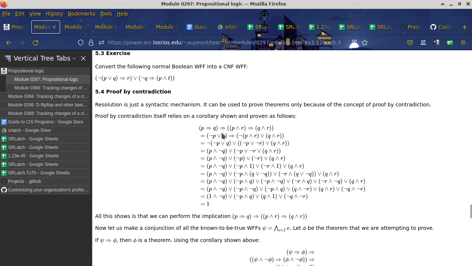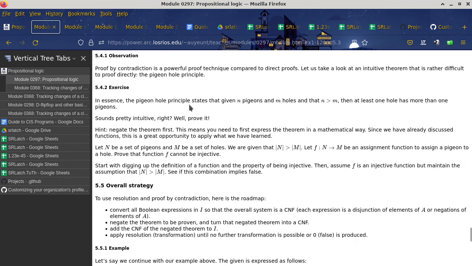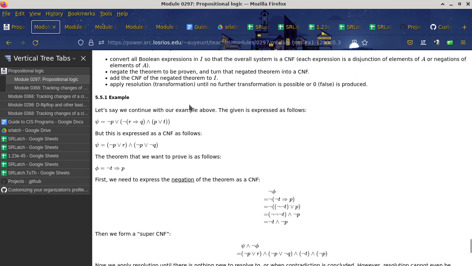Nope, this is proved by contradiction. So I'm going to work with this one, and we'll see how to convert it into CNF. Let me see what is the example that I use later, because I want to make sure that we're going to do the same thing. Yep, we're going to continue with our example above, and the given is expressed as follows. And okay, we'll work with this one.